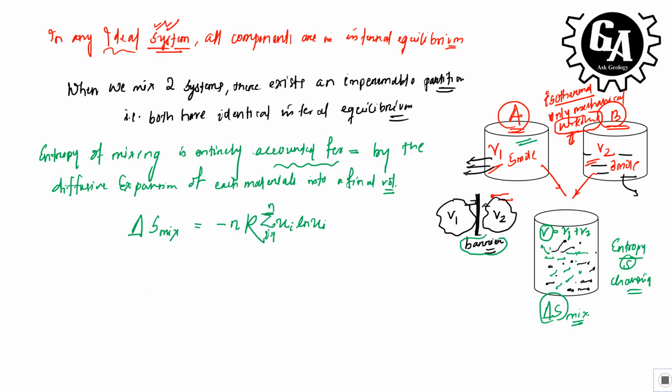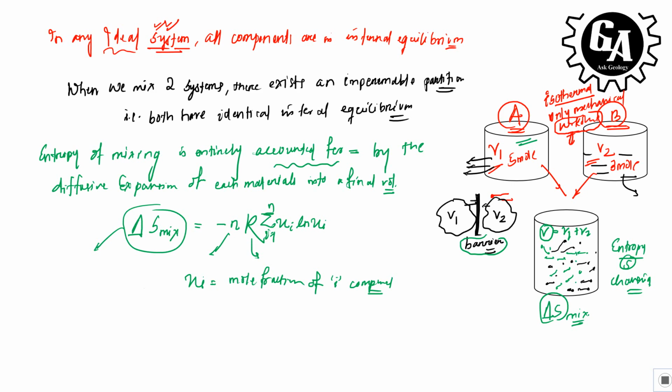So n is your total number of moles. R is your universal gas constant. And Xi, what is this Xi? Xi is the mole fraction of the ith component. Now we'll see how this del S mix has thermodynamic implications, how it is acting.